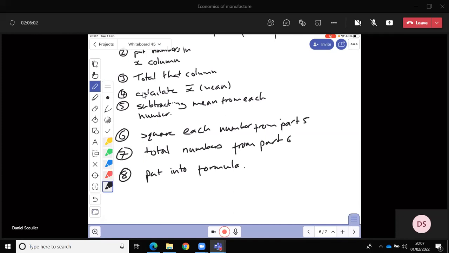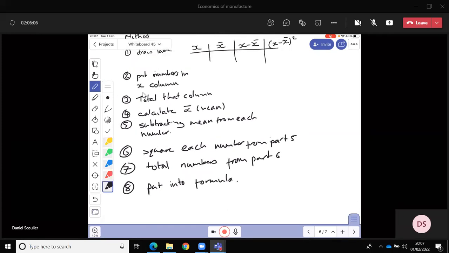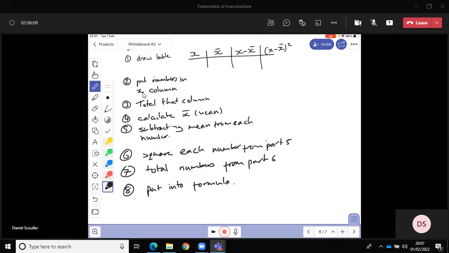Right, so that's just your methodology. Writing that out and reading that probably takes longer than actually doing it. Okay, so that's just going to be there if you need to refer to it. Hopefully a wee bit neater and tidier than that.